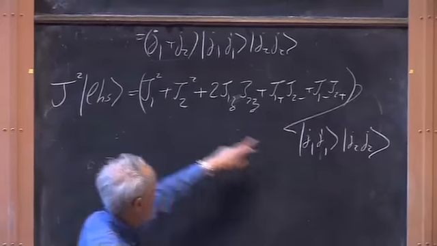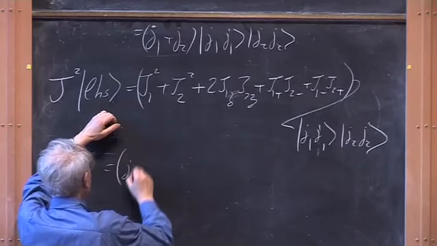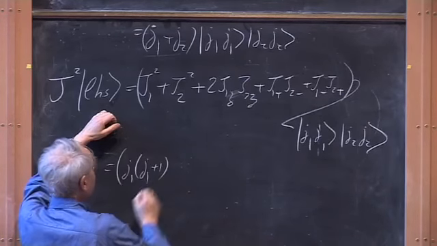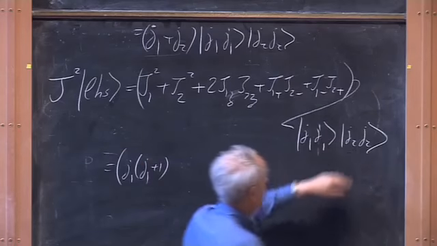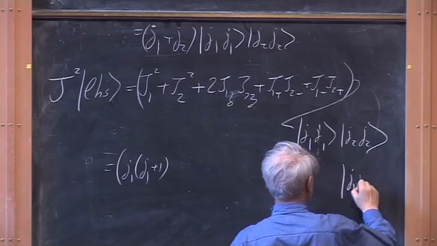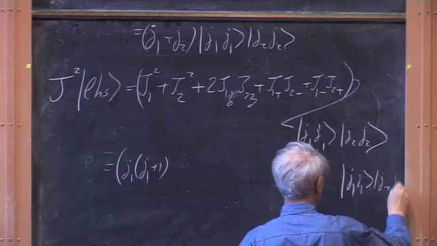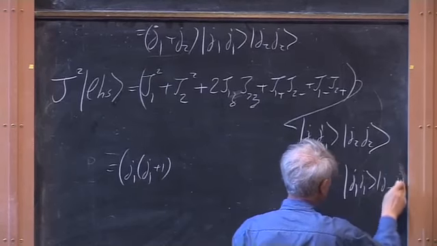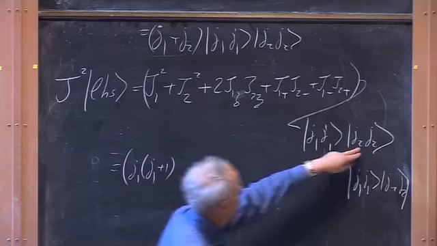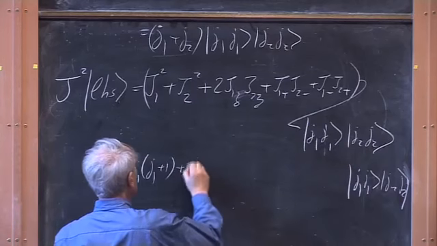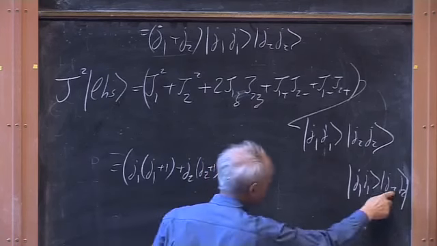Well, this is an eigenket of this operator with eigenvalue j1(j1 plus 1). And it will then return this, and we'll find that this gets returned, so I'll just stick it in the back as a common factor. Similarly, this one looks at that and produces j2(j2 plus 1) times itself.